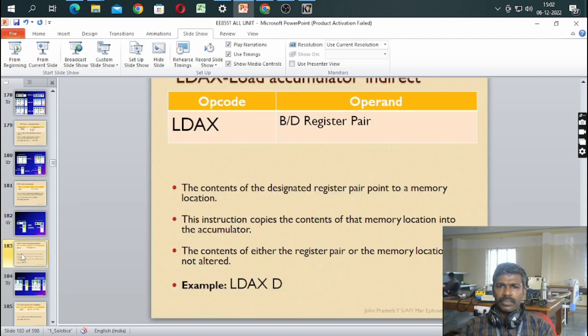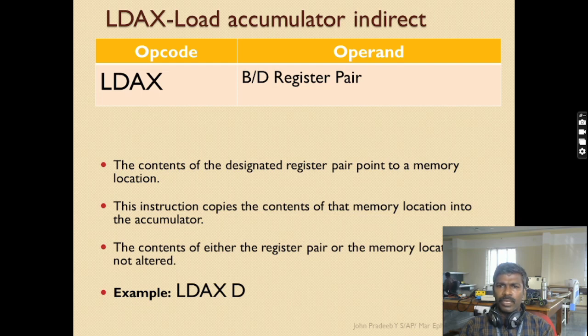After execution, the 30 is moved to the accumulator. The next we can see is load accumulator indirect. X represents the register pair. The register pairs are BC, DE and HL. There is no memory address present in the instruction, so depending on the operand, it takes the address from the register pair.